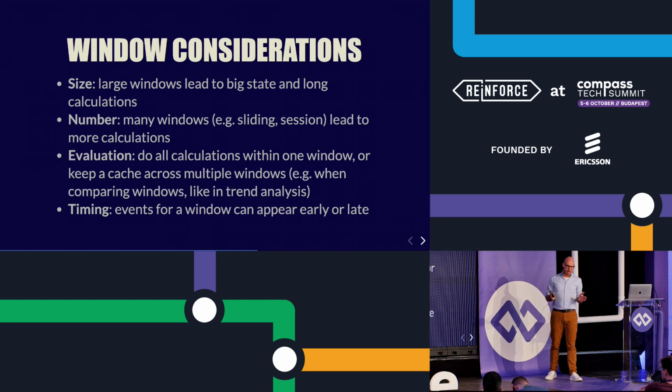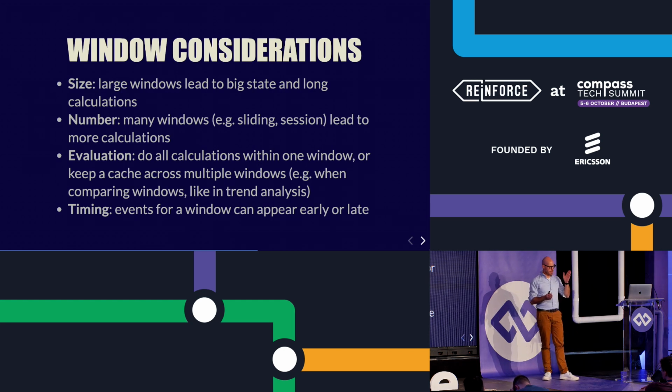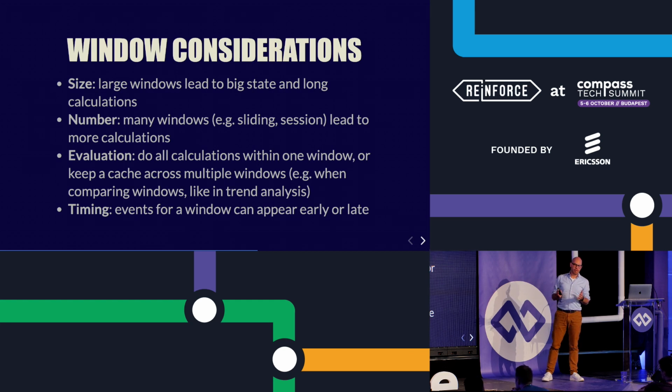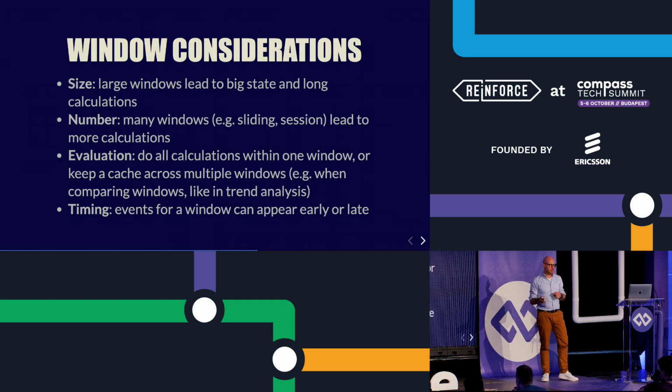So if you say, for example, I have a window of 1 hour, whether it's a tumbling or sliding window, and I give it a bit of slack, so I'm doing the evaluation of that window 1 second after the window has passed. So now it's 1 o'clock until 2 o'clock, and 1 second after 2 o'clock, I'm making the calculation for the entire window. But then what happens if 2 seconds after 2 o'clock, an event arrives with a timestamp of 1 second before 2 o'clock?